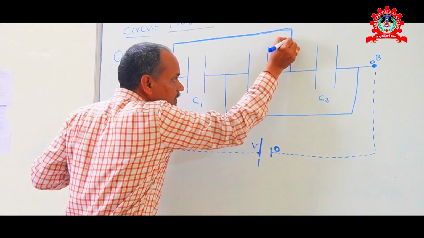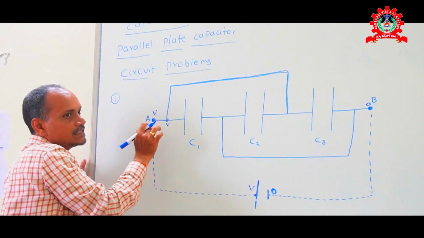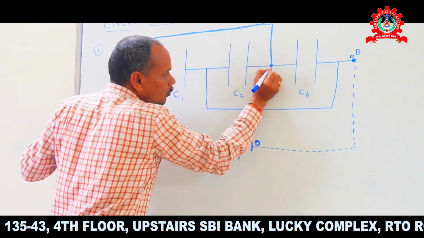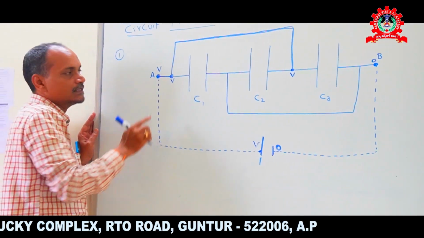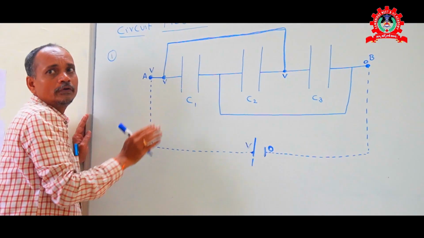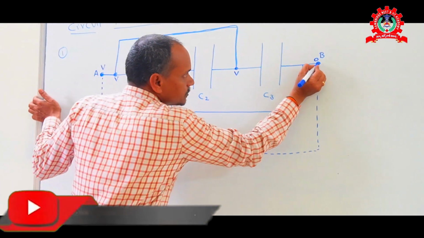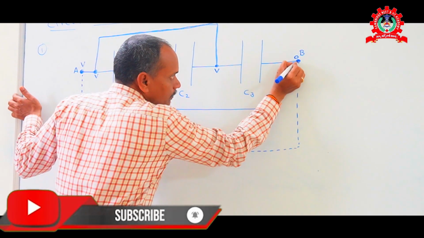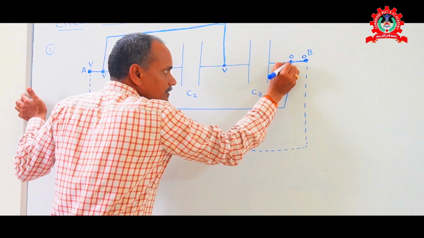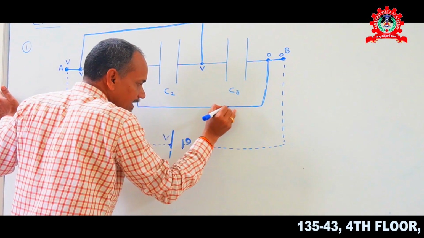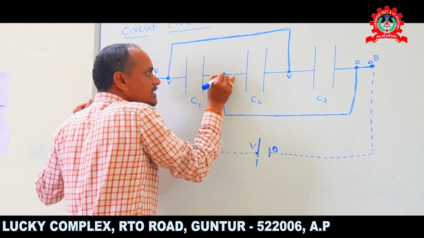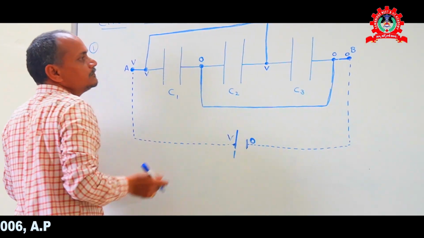Likewise, at the other point the potential is 0, so along the wire the potential remains 0.